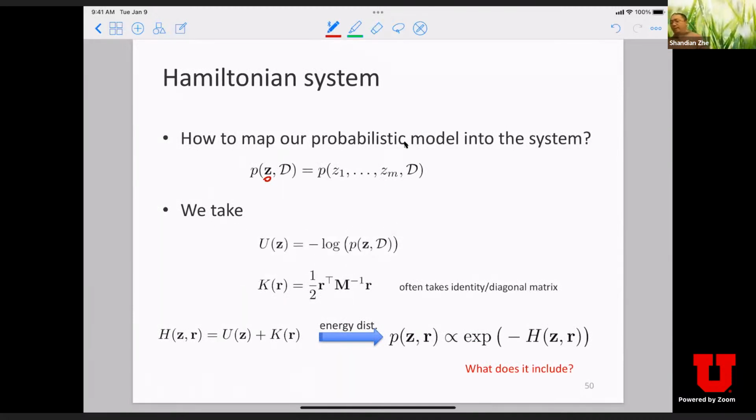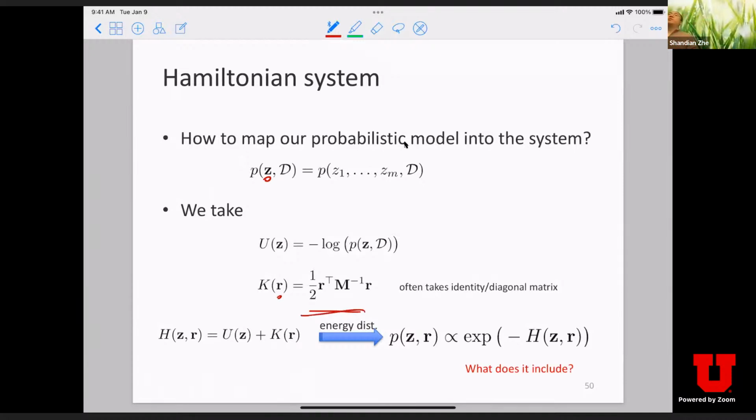To construct a Hamiltonian system, we also need the momentum vector. So we're going to introduce another random variable r. We define the kinetic energy as a quadratic function of r, and here M is a positive definite matrix. In practice, people often use the identity matrix or some diagonal matrix. But again, you are not restricted to this quadratic form.